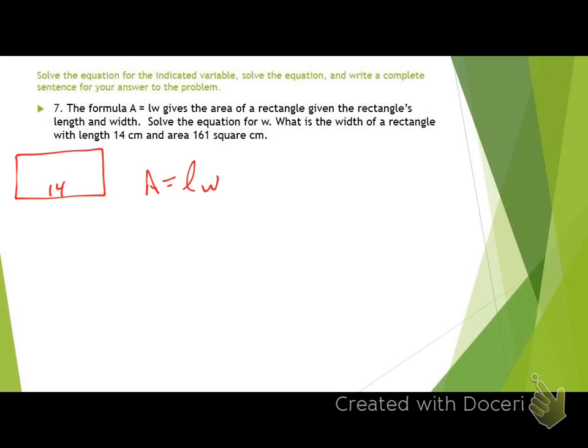The length is 14. We don't know the width, but the whole area is 161, right? So it says solve the equation for W. Well, to solve for W, we've got to divide both sides by L, and we get A over L equals W. Now, you can plug in what you know. You know the length is 14. The area is 161 square centimeters.